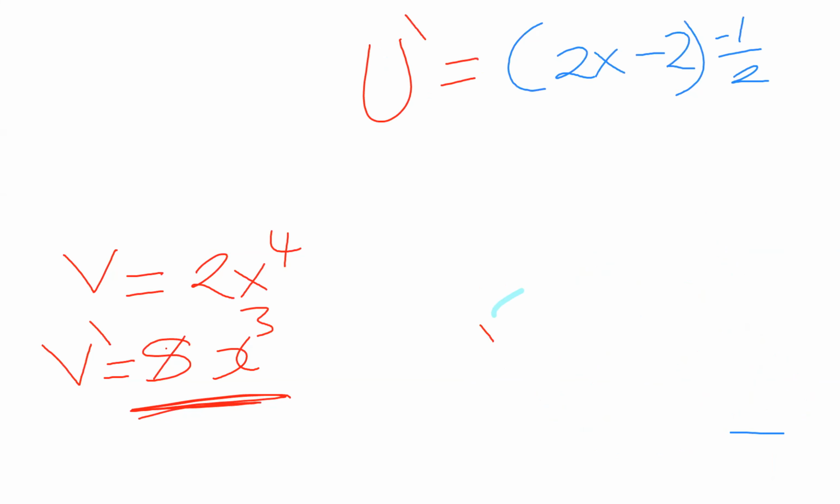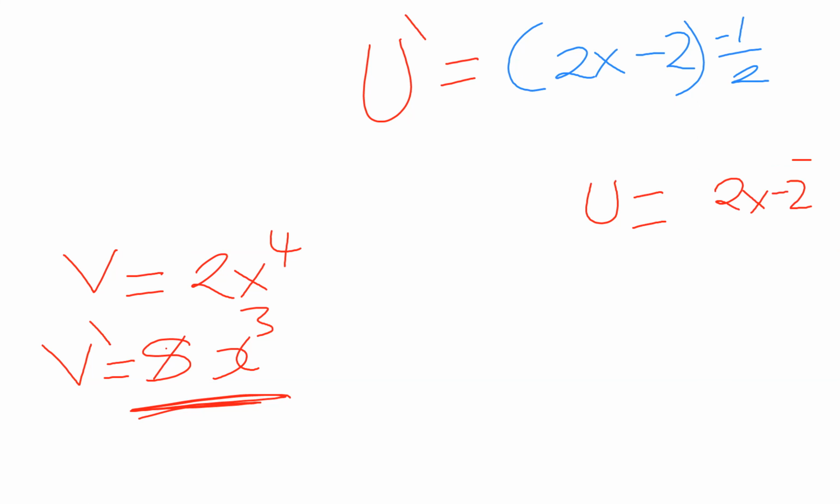So now, what do we always multiply? Our u times our v, right? What was our u? Our u was the square root of 2x minus 2, right?